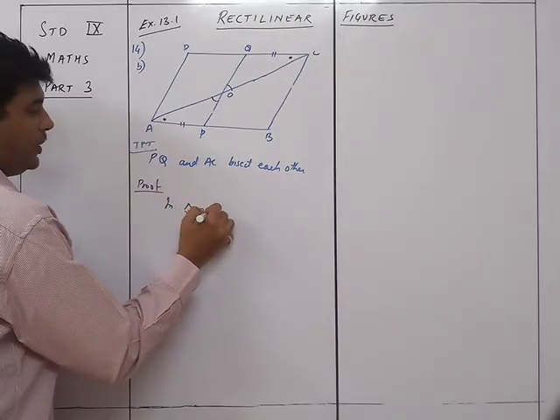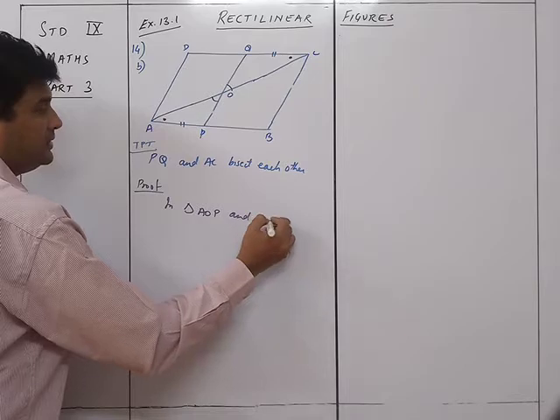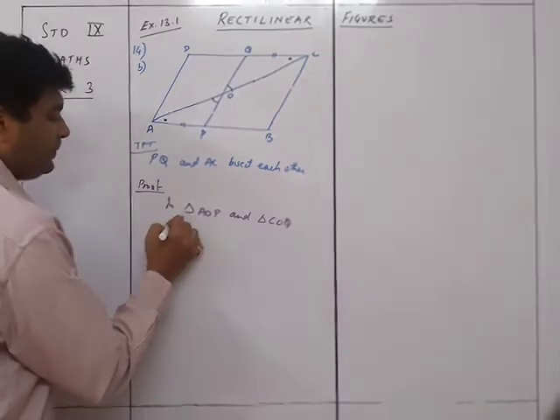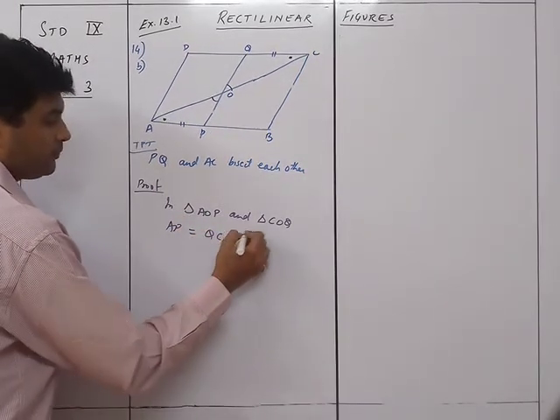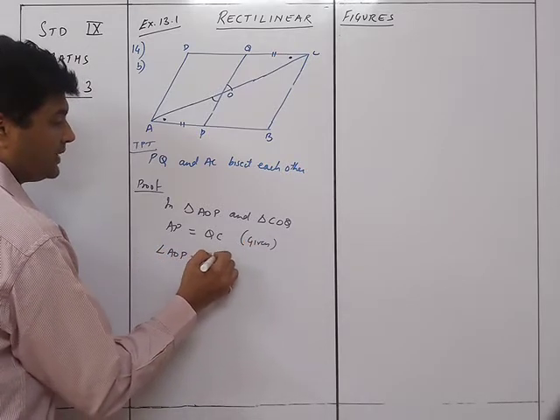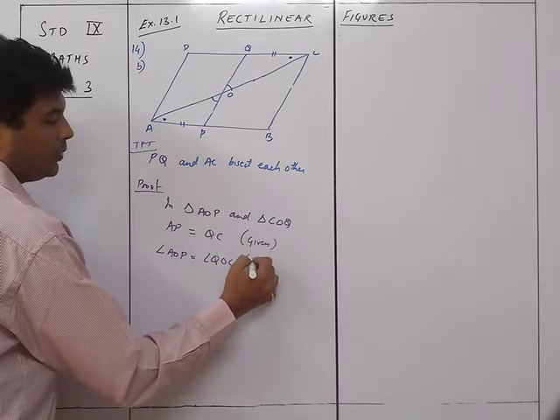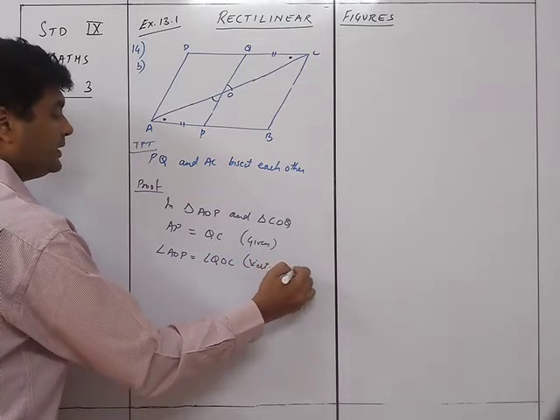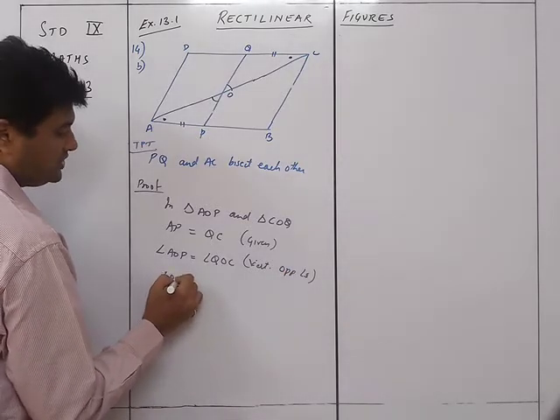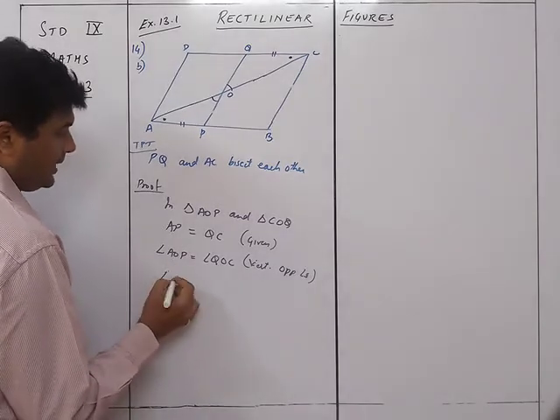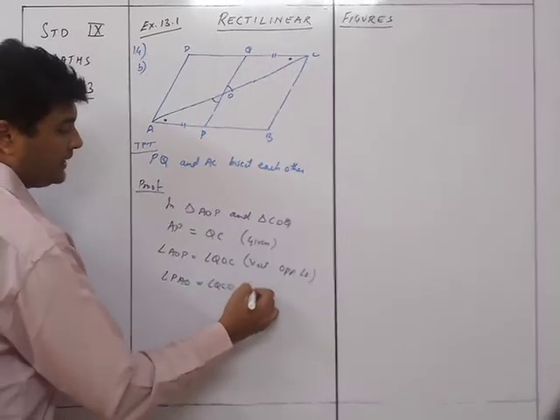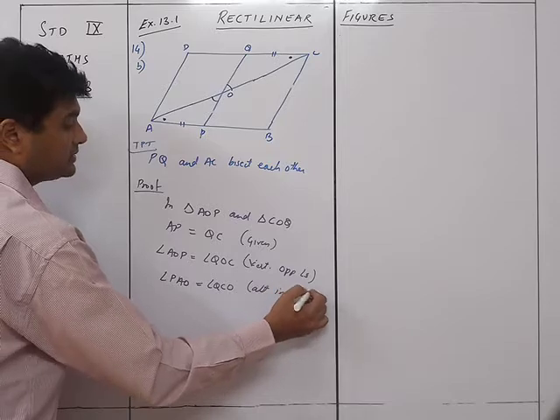Proof: in triangle AOP and triangle COQ, we know that AP is equal to QC, given. Angle AOP is equal to angle QOC, vertically opposite angles. And finally, angle PAO is equal to angle QCO, alternate interior angles.